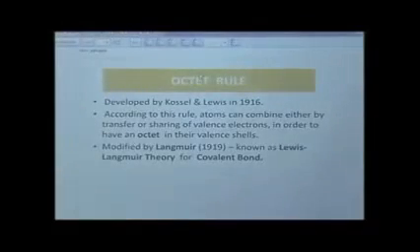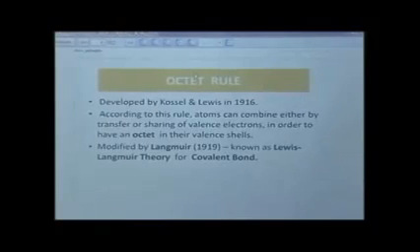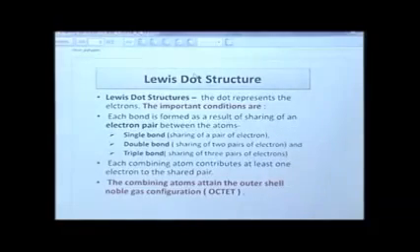So, this says that the valence electrons of the combining atoms are shared between the atoms so as to form the bonding. This model, the Lewis concept, was later modified by Langmuir in the year 1919, and finally it was known as the Lewis-Langmuir theory for covalent bonding.